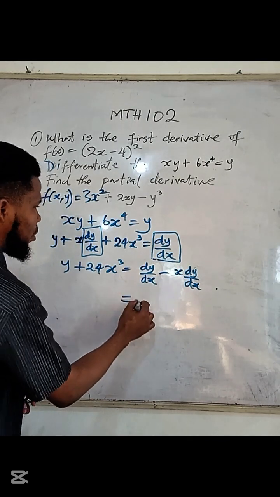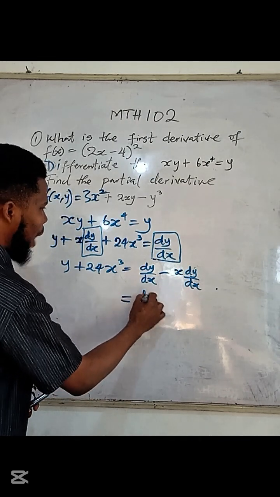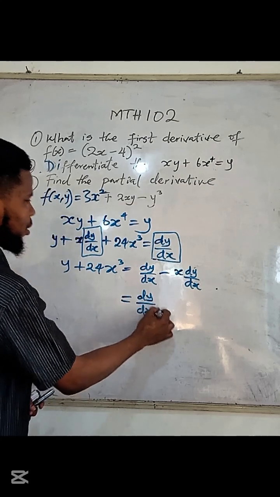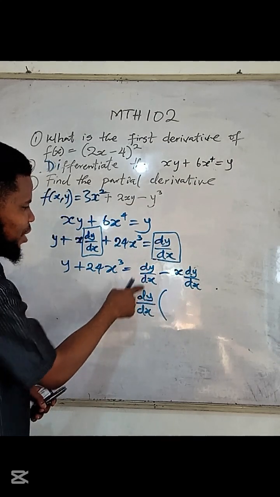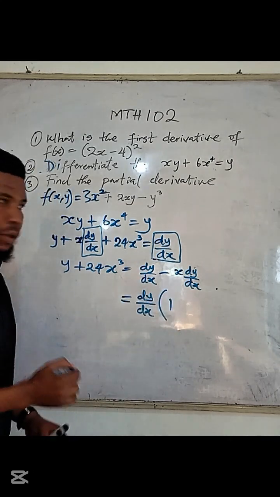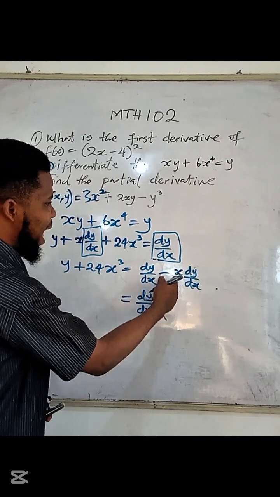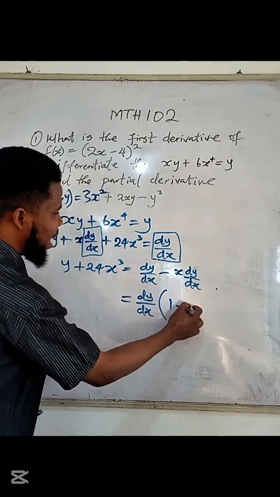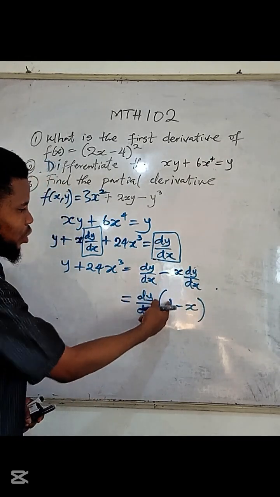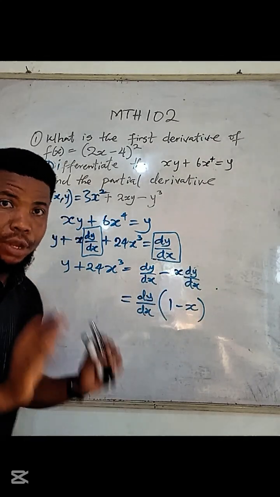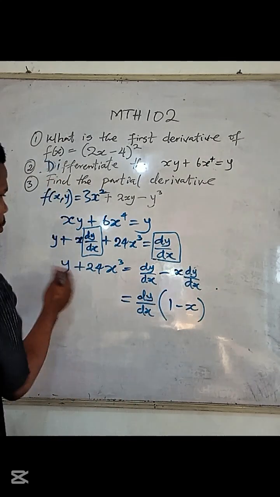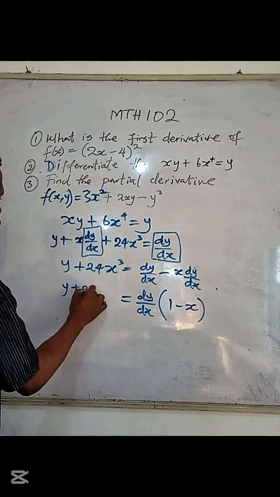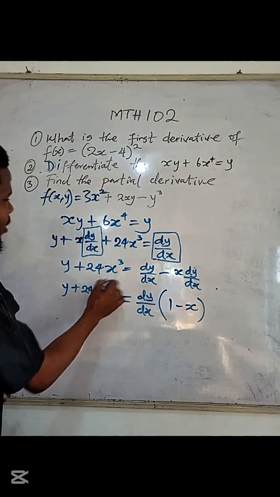So just factorize. You have dy/dx, open bracket, dy/dx divided by dy/dx, that's 1, and s dy/dx divided by dy/dx, that's minus s. If you divide this, only y remains; divide this, only s remains. On the other side, we have y plus 24s raised to the power 3.